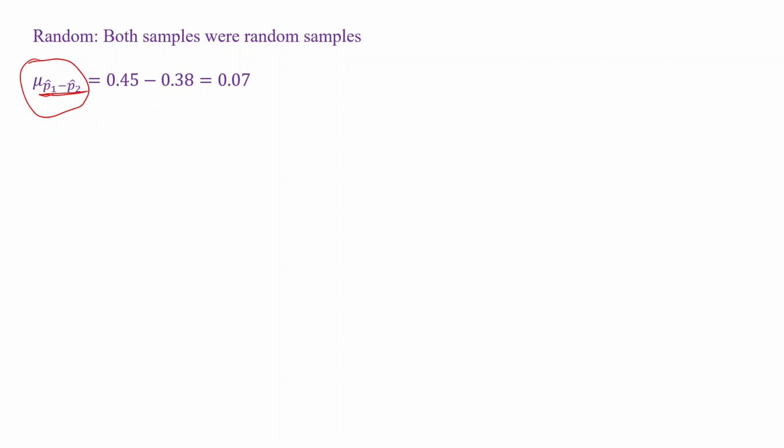That says that's the center of our sampling distribution of a difference in sample proportions. So to find that center, we subtract our two population parameters, 0.45 minus 0.38. Okay, so the center is 0.07.